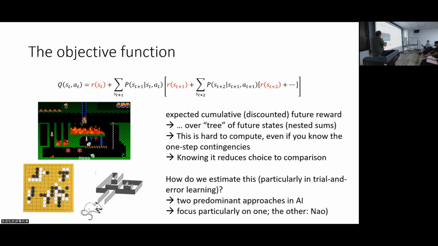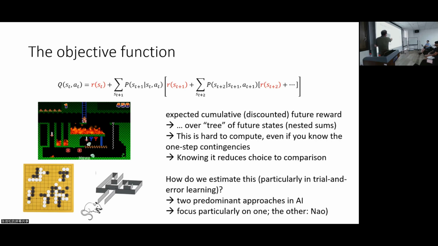And you can also see that in the math, right? This is a version of an equation that Ruben showed you several versions of as well. I said Q instead of V, so if it's conditioned on state and action, then it's called a Q function instead of a V function, but it's the same idea. It says if I'm in some state and I choose some action, I want to know my expected cumulative sum of future rewards. I left out the time discounting here, but it's an expectation over a branching path through future states, right?